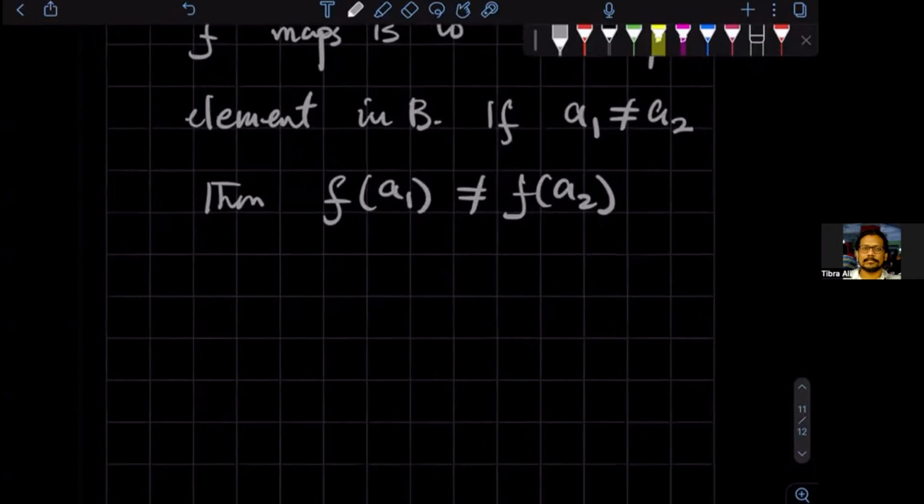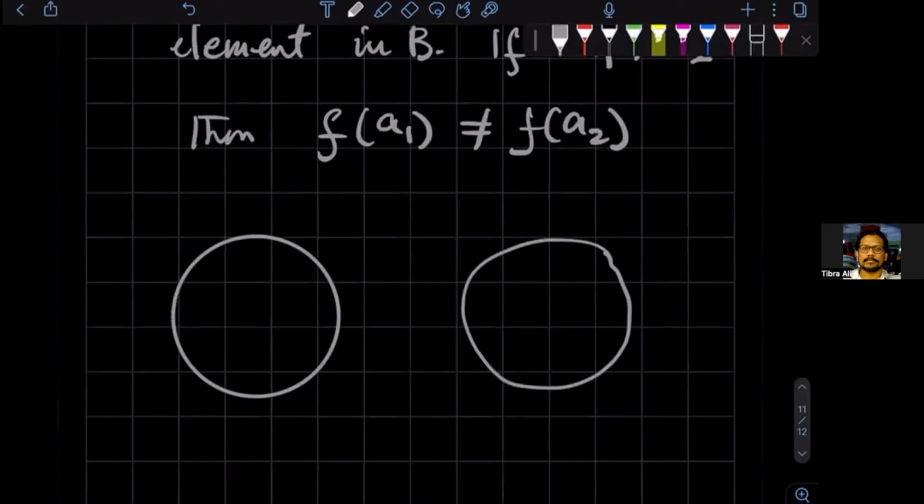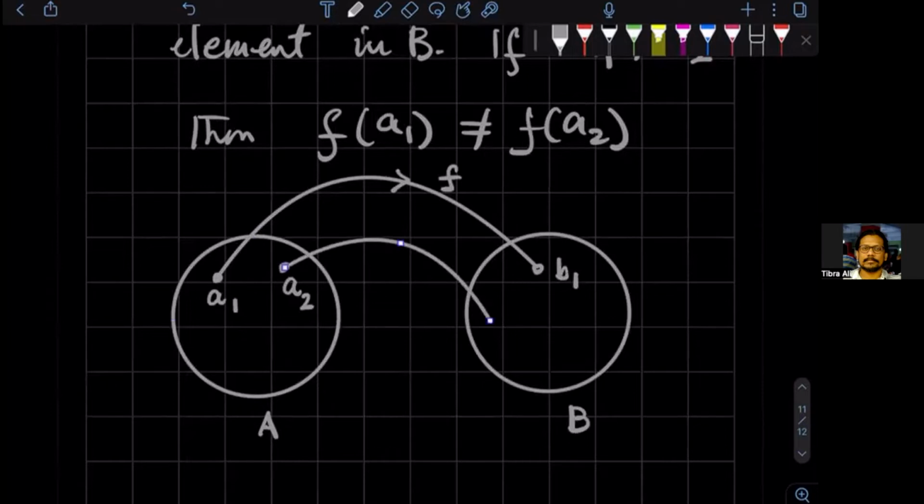Suppose we have a group A, another group B, and I take some random element, say A1, another element A2, and I map A to B. So this is A and this is B. This map takes A1 to some element B1, and the same map takes A2 to some other element B2. So B1 and B2 are different.